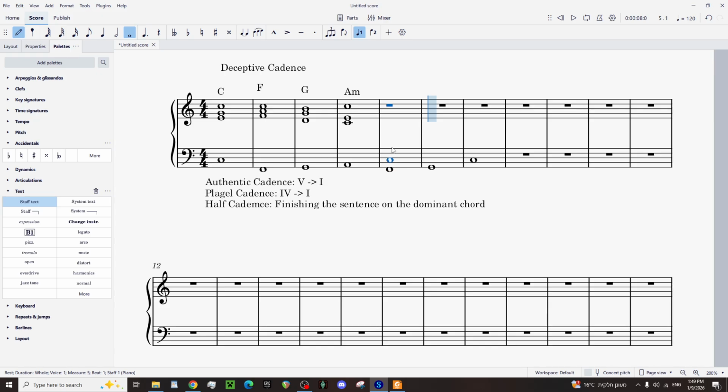No, we need, oh, that's okay, that's an F, that's why. So we need a fourth degree actually. And then a G, and a C. So that would be an F. That would be a G. That would be a C.